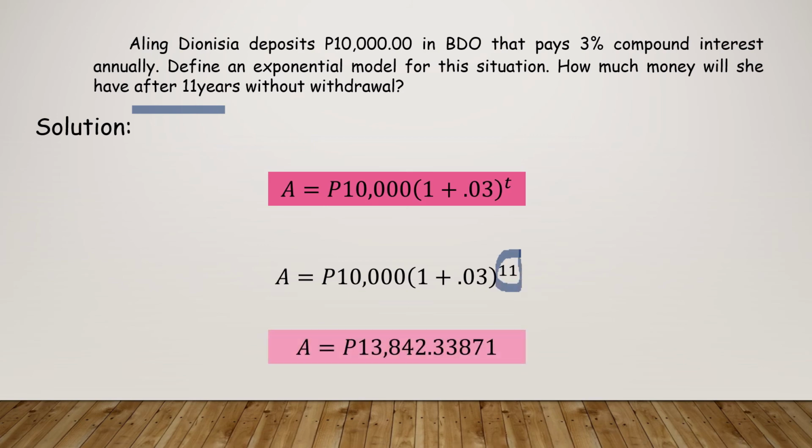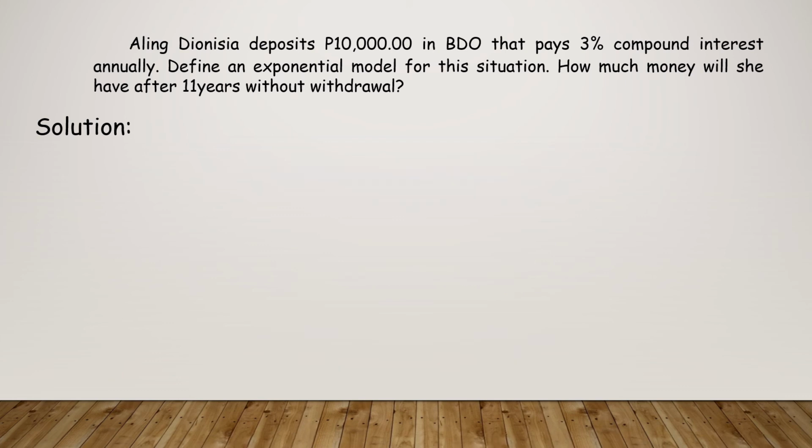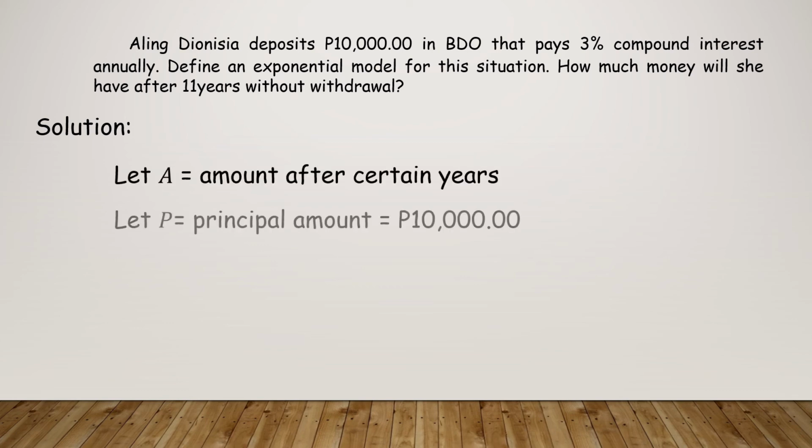Therefore, we have the amount of 13,842 pesos and 34 centavos. So, we let A is equal to the amount after certain years. We let P be our principal amount, which is 10,000 sa ating given.